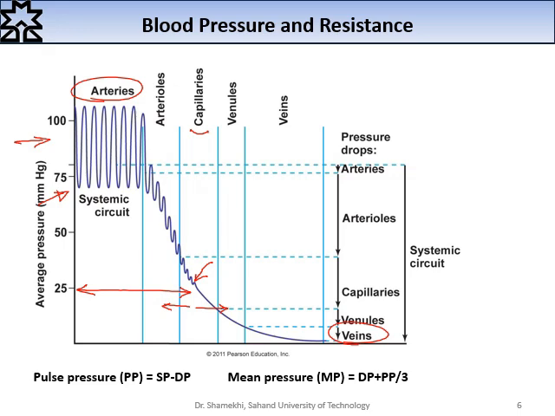As you can see, the pulsation inside the vessels decreases, and the pulsation disappears at this border, and the blood flow inside the veins is not a pulsatile flow.